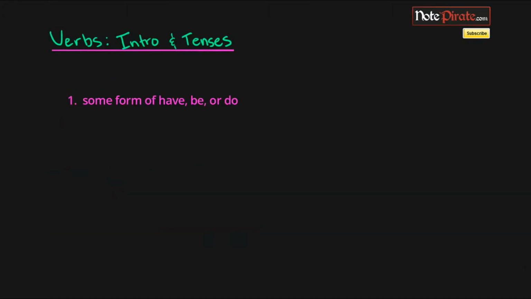It can have some form of have, be, or do. It can have can, may, should, or in the example we looked at, will have been living, will. There can be a root verb, like study. Think of a root verb as just the simplest form of the verb, like the roots of a tree that the rest of the verbs spring from.